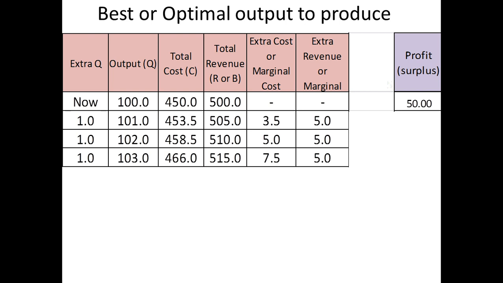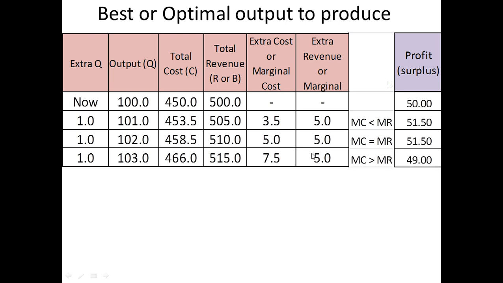But I get 50 as profit. Who knows how to get 50? If I produce 101, I get 51.5. If I produce 102, I get profit 51.5. If I produce 103, I get profit 49.